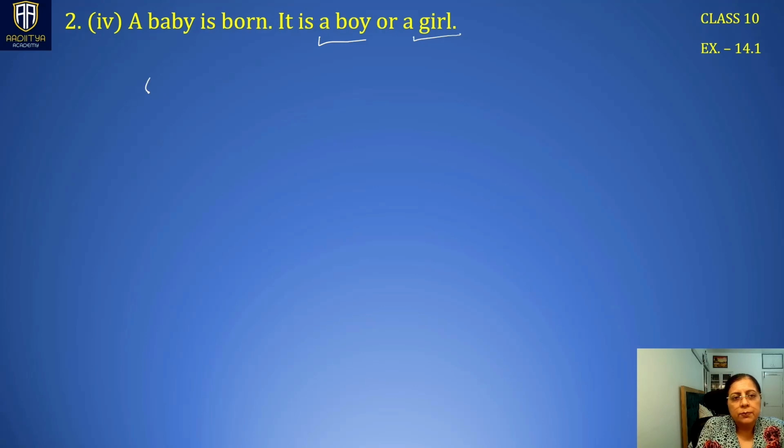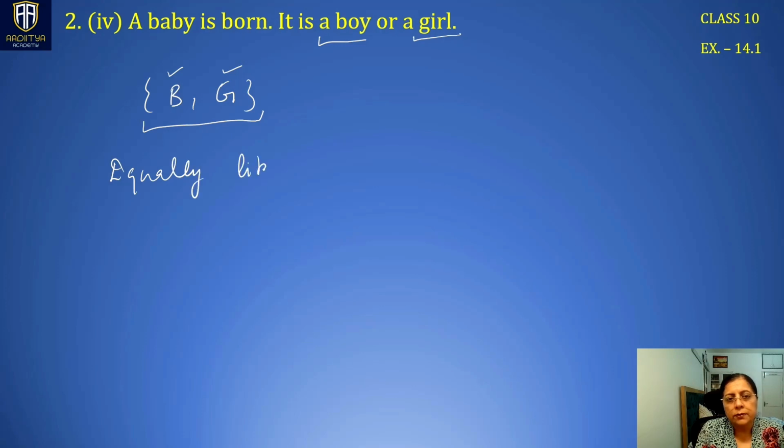So the sample space may be boy or girl, like in the case of a coin, we just write head or tail. In this case, we will either have boy or girl. So the number of outcomes is fixed, and there are 50% chances of getting a boy or a girl as a newborn baby. So they are equally likely outcomes, right?